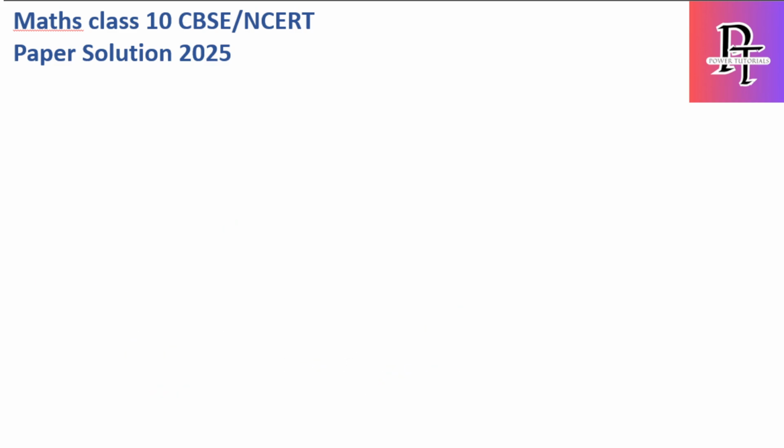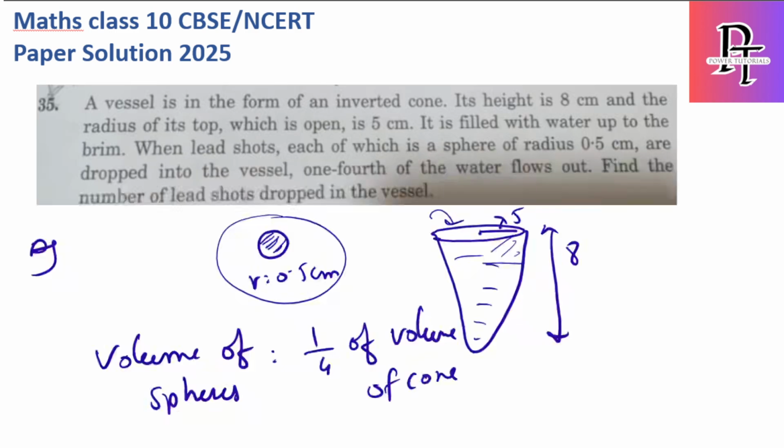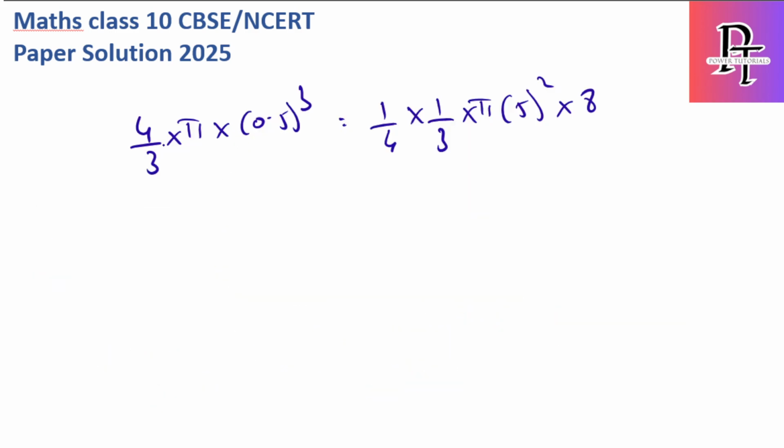Okay, now let's solve this. Volume of sphere is 4/3 pi r cube, where r is 0.5, is equal to 1/4 of the volume of the cone. Volume of cone is 1/3 pi r square h, where r is 5 and height is 8. So pi gets cancelled out, 3 also gets cancelled out, and 2 1s, 2 2s also get cancelled out.